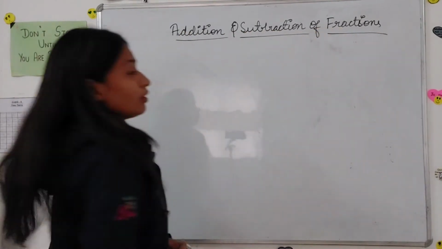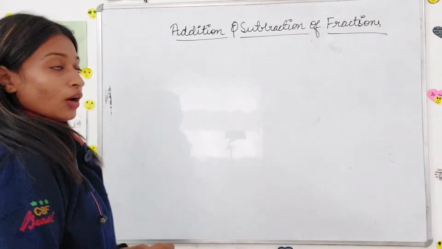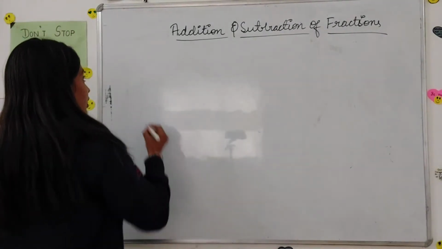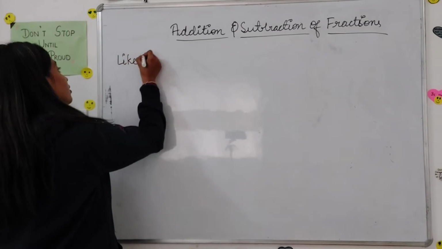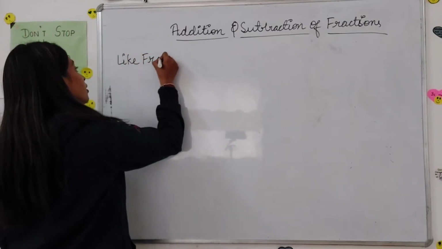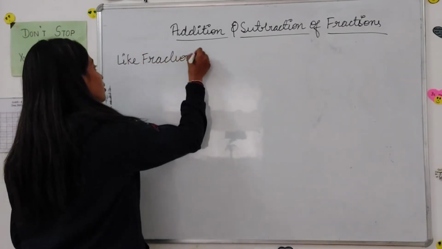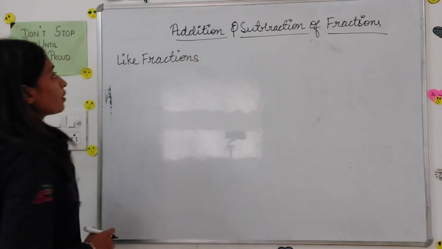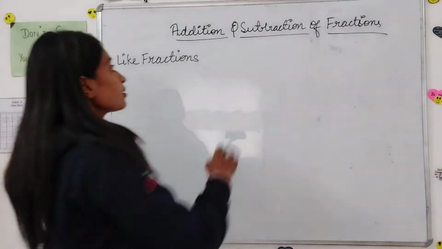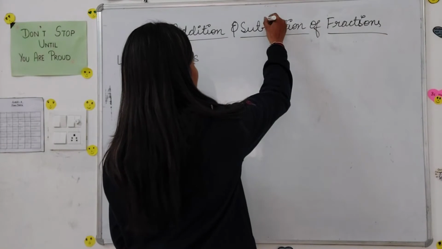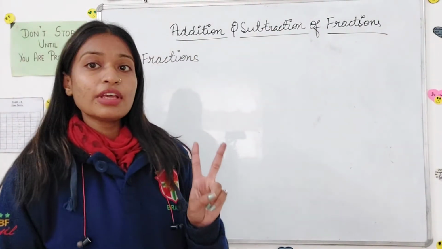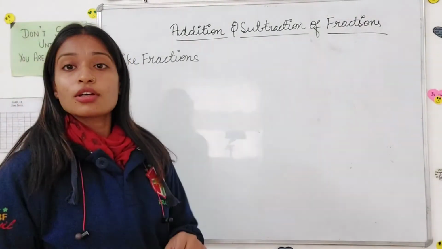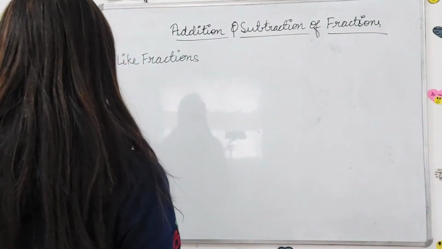So first of all, we will learn how to do the addition of like fractions. When we add or subtract fractions, we have two cases. Either we have like fractions or we have unlike fractions.